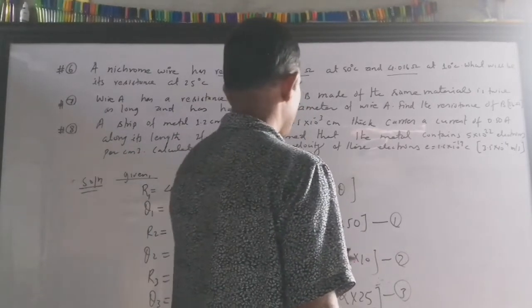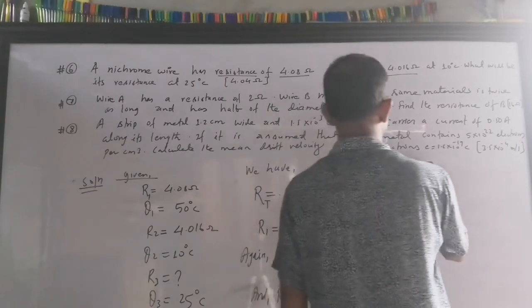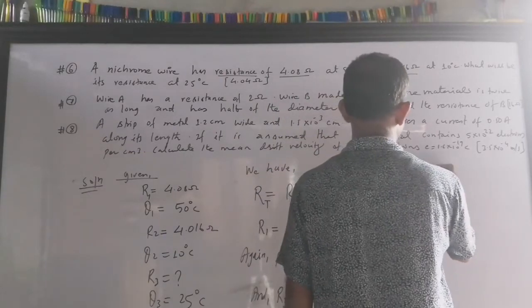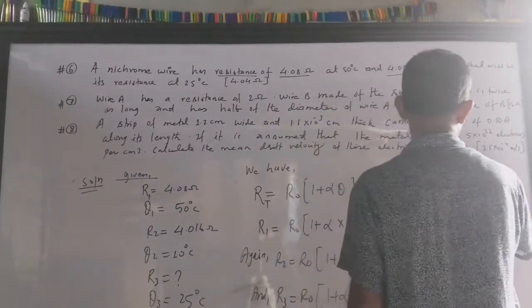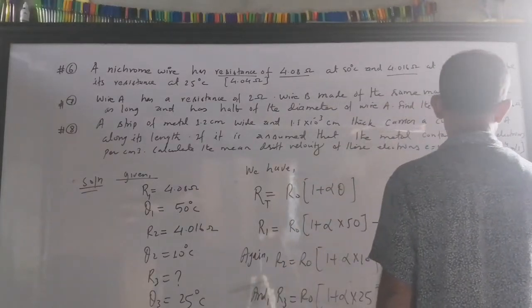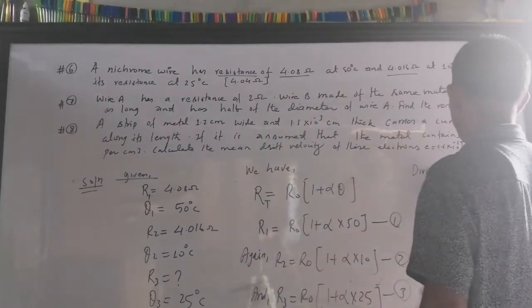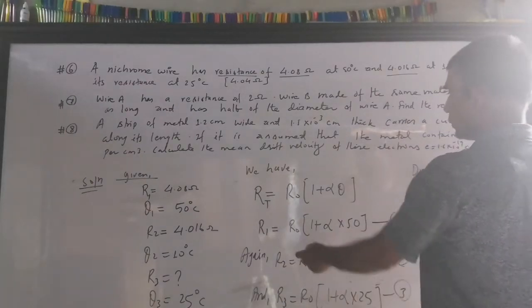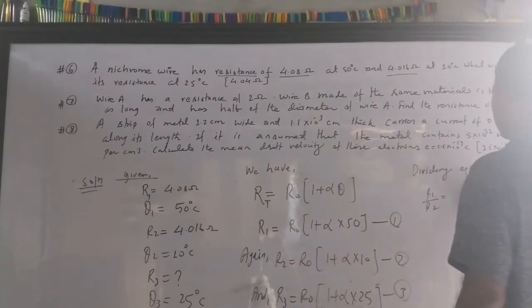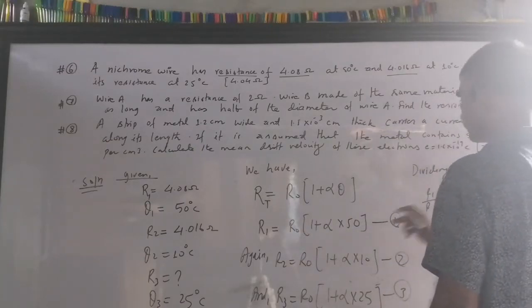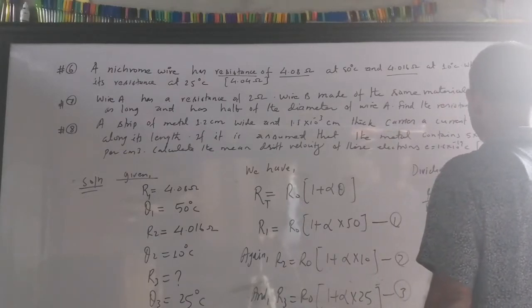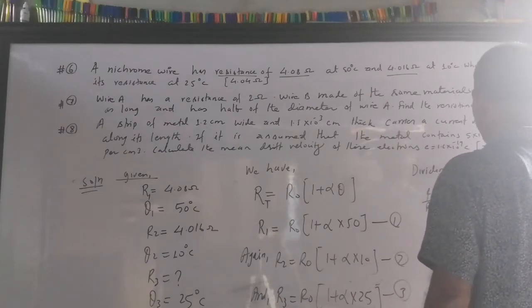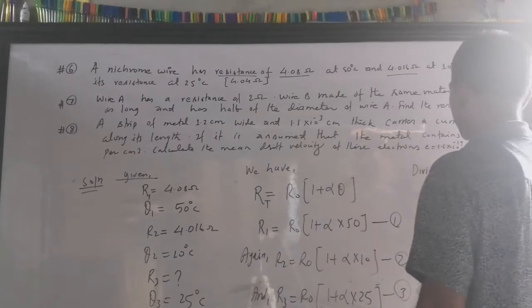So first let's solve equations 1 and 2. It's a better way to solve it by dividing equation 1 by equation 2. What will you get if you divide? So this is R1 upon R2, R0 cancels, and we get (1 plus 50 alpha) by (1 plus 10 alpha), and these two values are given.